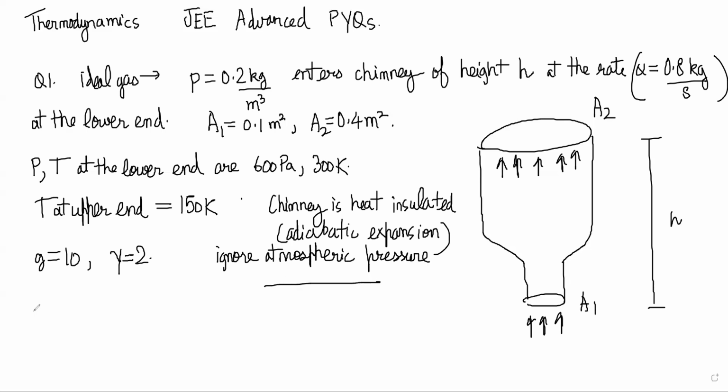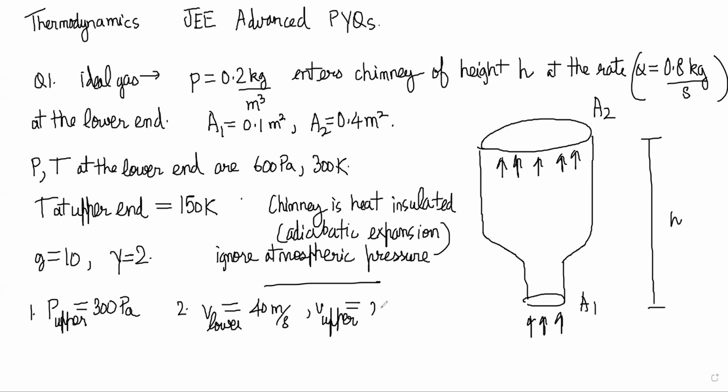Which of the following statements are correct? First, pressure at upper end is 300 Pascal. Second, velocity of the gas at lower end is 40 meter per second and velocity at upper end is 20 meter per second.